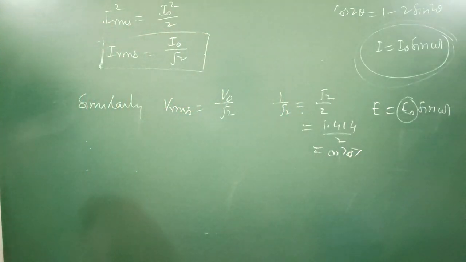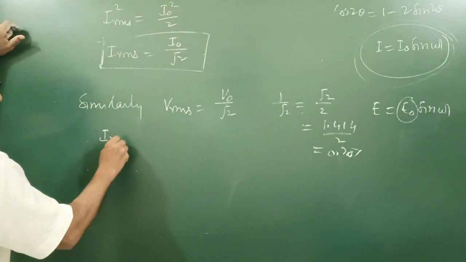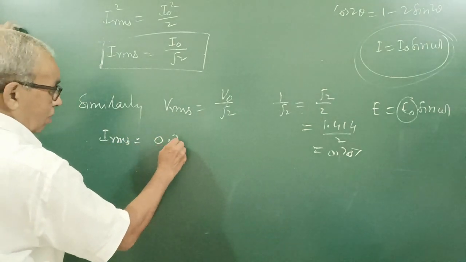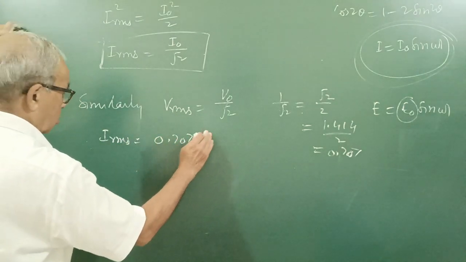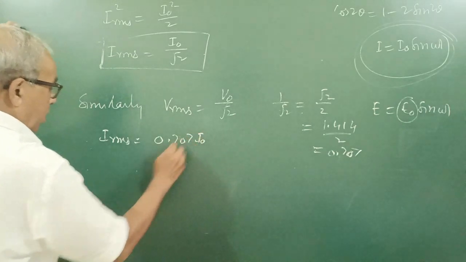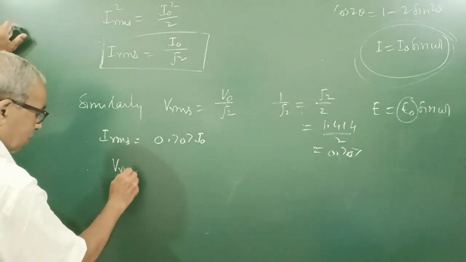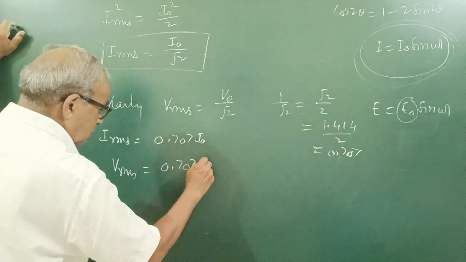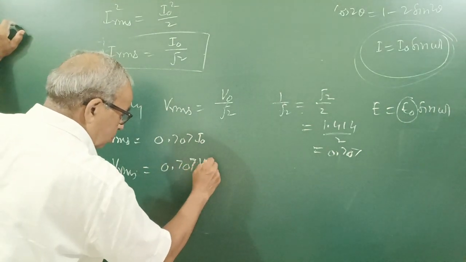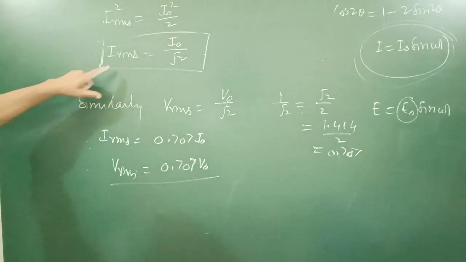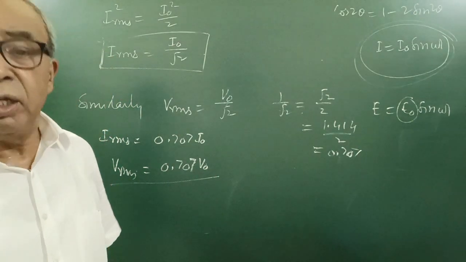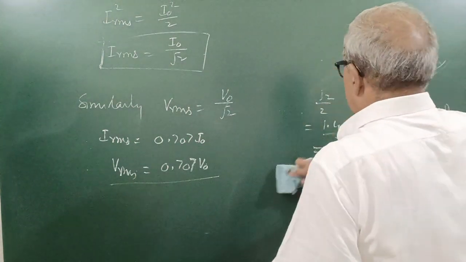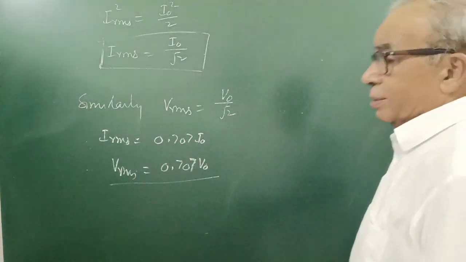So IRMS you can also write as 0.707 I0, and VRMS the same way, 0.707 V0.